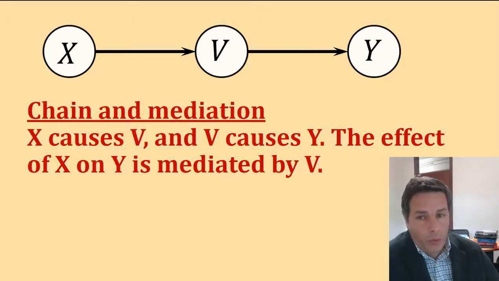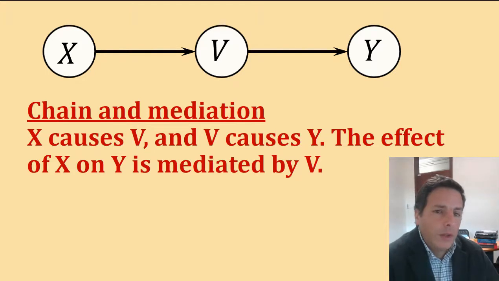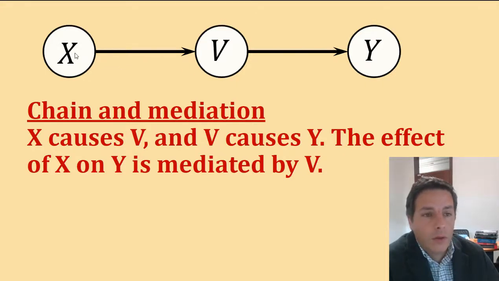But we can find that it is not fully mediated. So in this case, we can say that the effect of x on y is partially mediated by v, and in that case, we need to add an arrow between x and y.